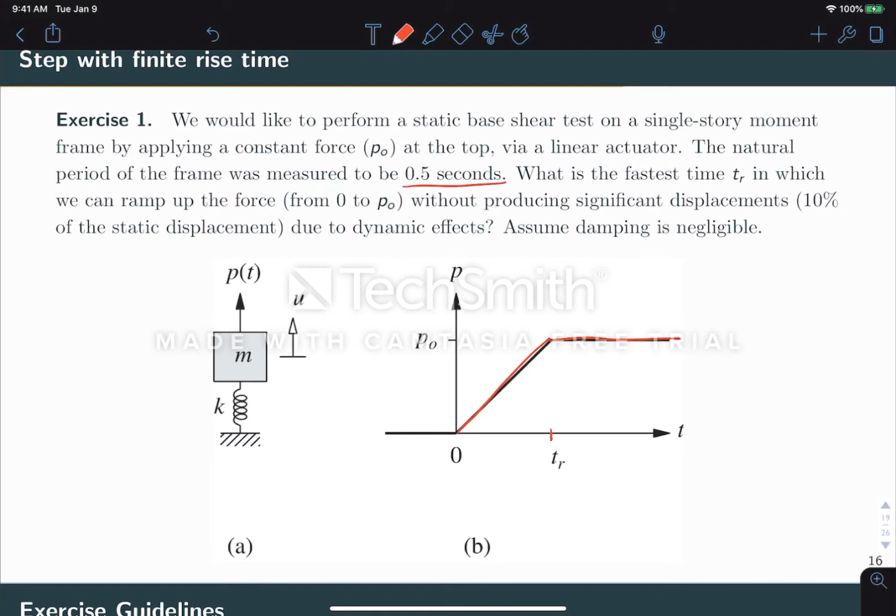So let's say we've measured that to be 0.5 seconds. And we're going to assume that damping is negligible. And what we want is a tr that will give us less than 10% dynamic displacement relative to the static displacement. In other words, it should not oscillate more than 1.1 times the static displacement amplitude.